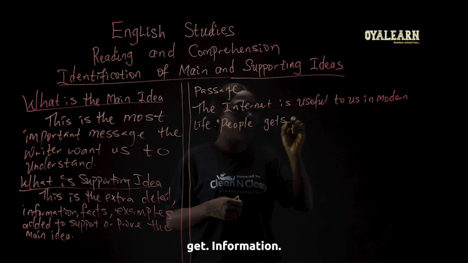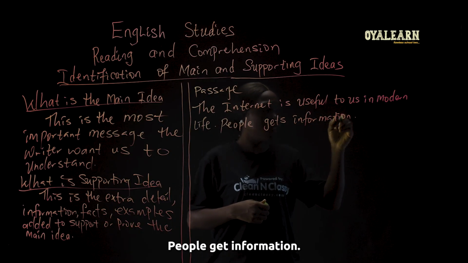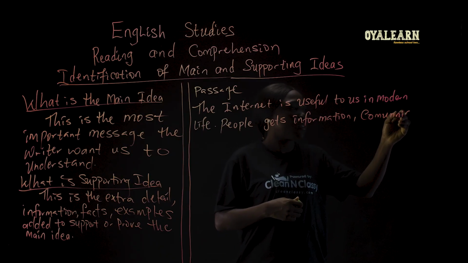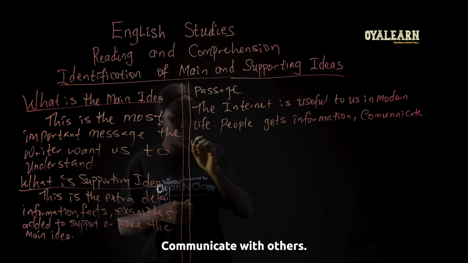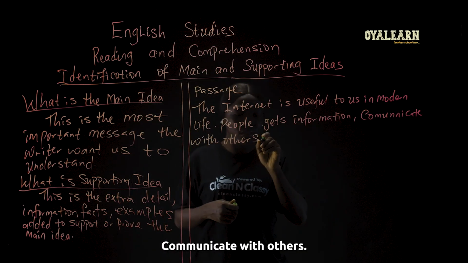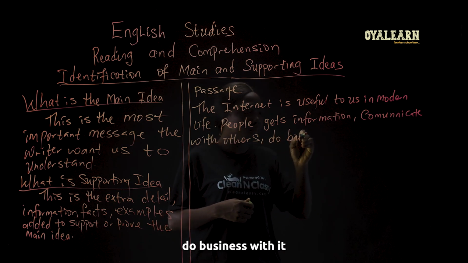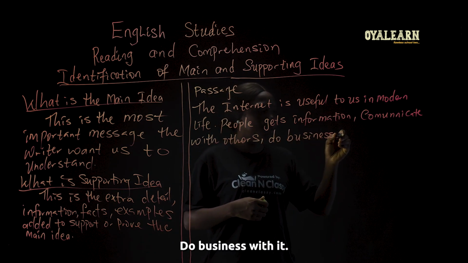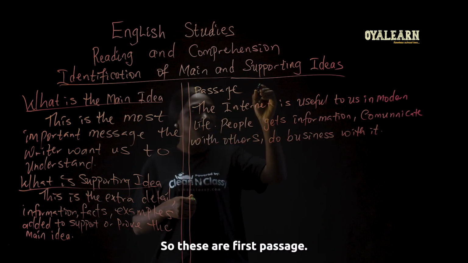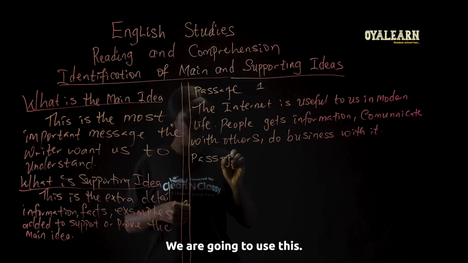People get information, communicate with others, and then lastly, do business with it. Full stop. So this is our first passage, and then the second passage, we are going to use this to identify the main ideas and the supporting ideas.